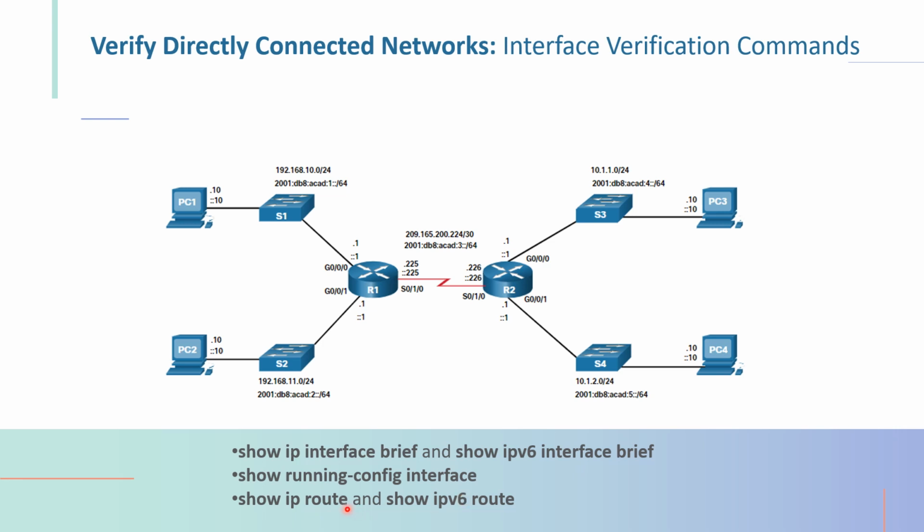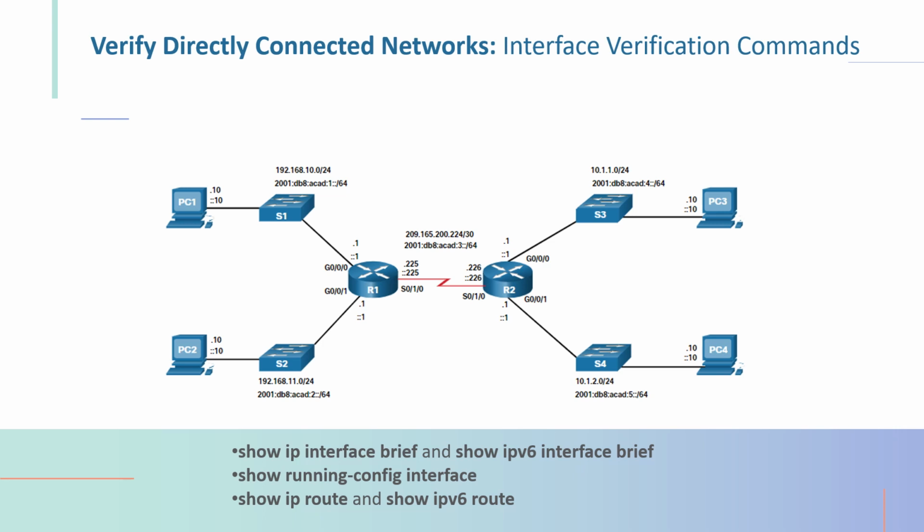And by using the show ip route and show ipv6 route, we will display the content of the IPv4 or IPv6 routing table stored in RAM. And you will be able to see even the identifying codes for the routing table, where C stands for connected and L stands for local.